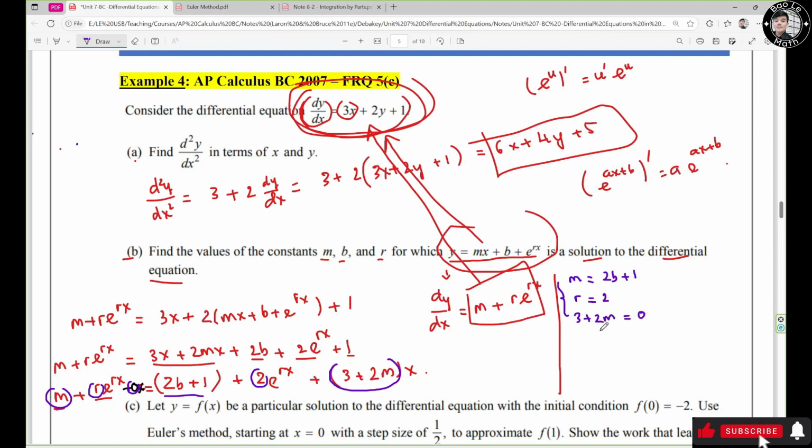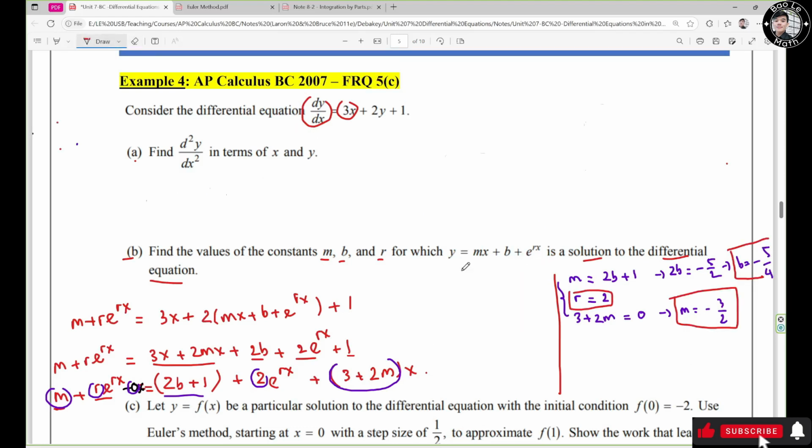From this third equation, I can solve for m, so m equals negative 3.5. I substitute back over here to solve for b. So I have 2b equals negative 1 plus negative 3.5, which is negative 5.5. So b equals negative 5 over 4. Now this one is the first case.